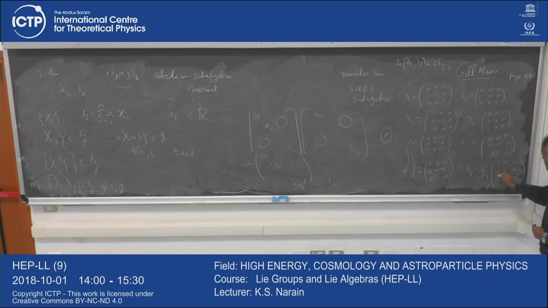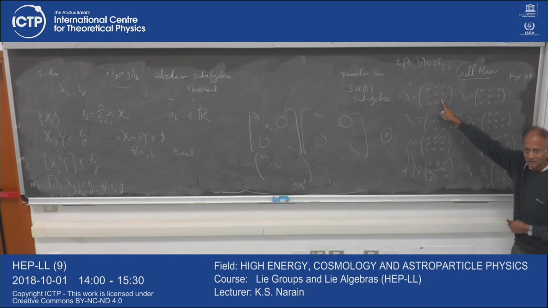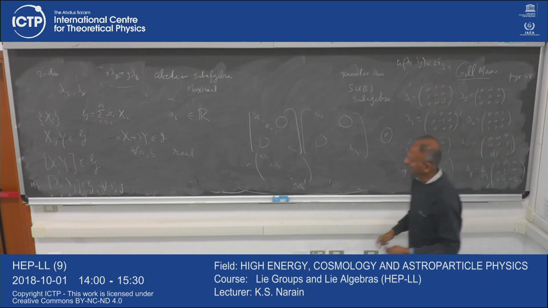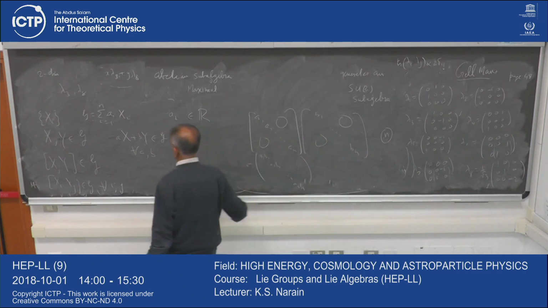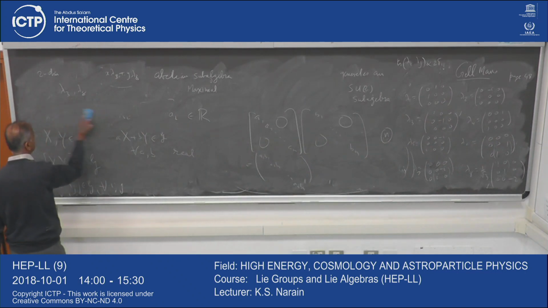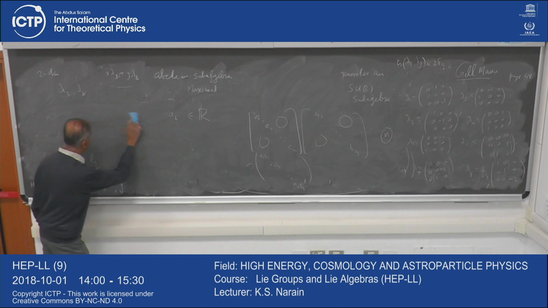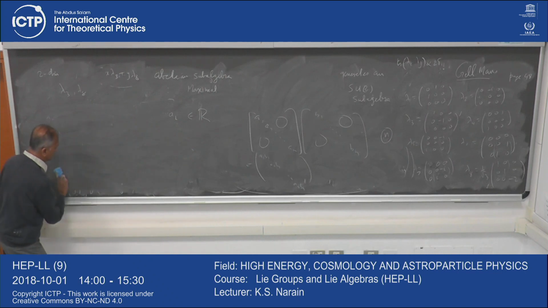It only cares about this 2 by 2 block, and as far as the 2 by 2 block is concerned, it's identity. So lambda 2 and lambda 3 will commute with that, but they don't commute with this. So this is the maximum, and therefore this is the Cartan subalgebra.